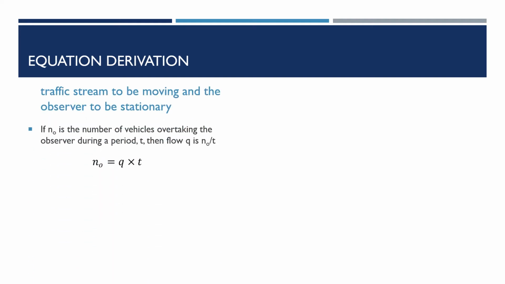Scenario 1: consider a traffic stream that is moving and the observer is stationary. So there is a stationary observer and the traffic stream is moving.